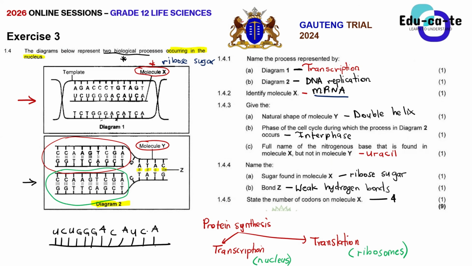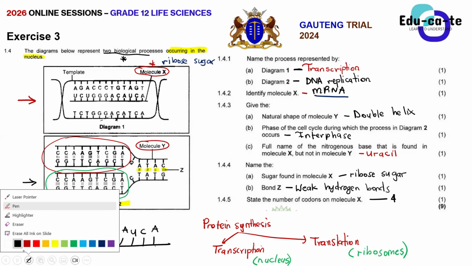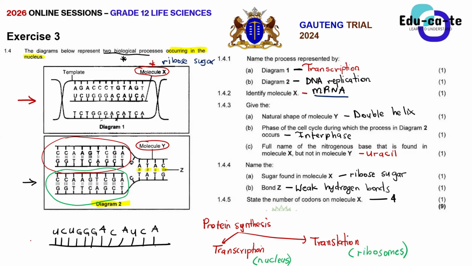If you were to group three nitrogenous bases, how many groups would you have? 4. Yeah, those are the codons. And the codons are simply just three nitrogenous bases that are following each other.